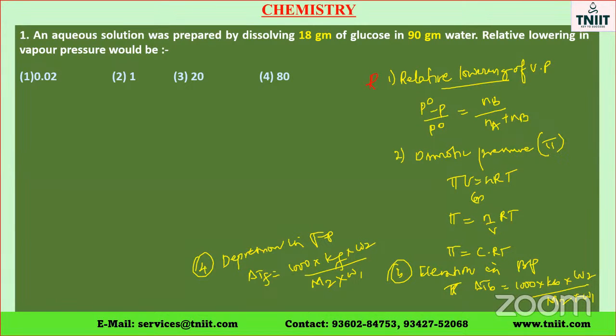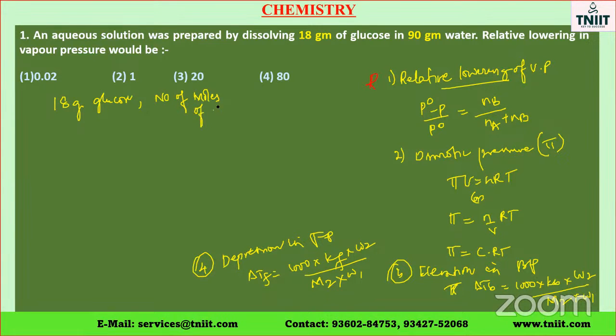Now, the question is asking us to calculate the relative lowering of vapor pressure using this data. They've given 18 grams of glucose. Since they've given the mass of glucose, it's possible for us to calculate the number of moles.